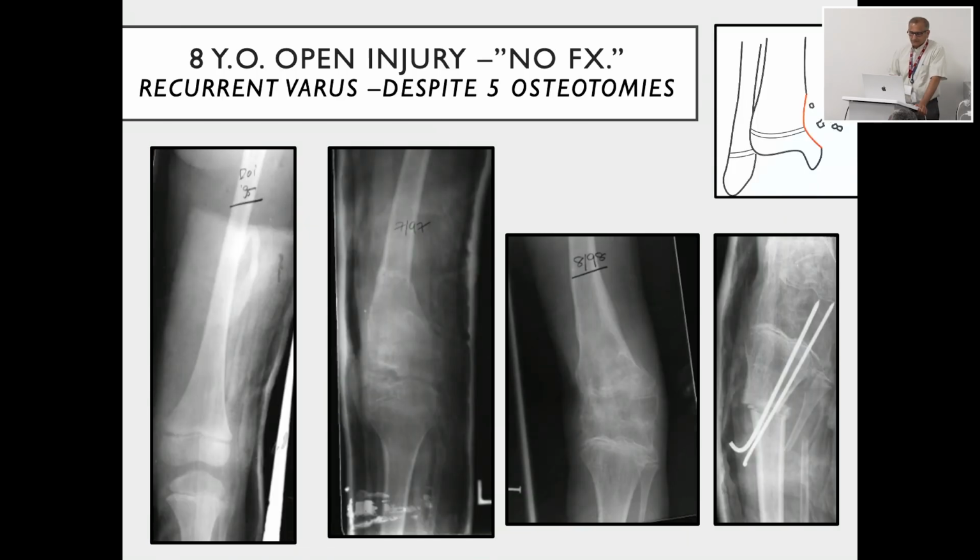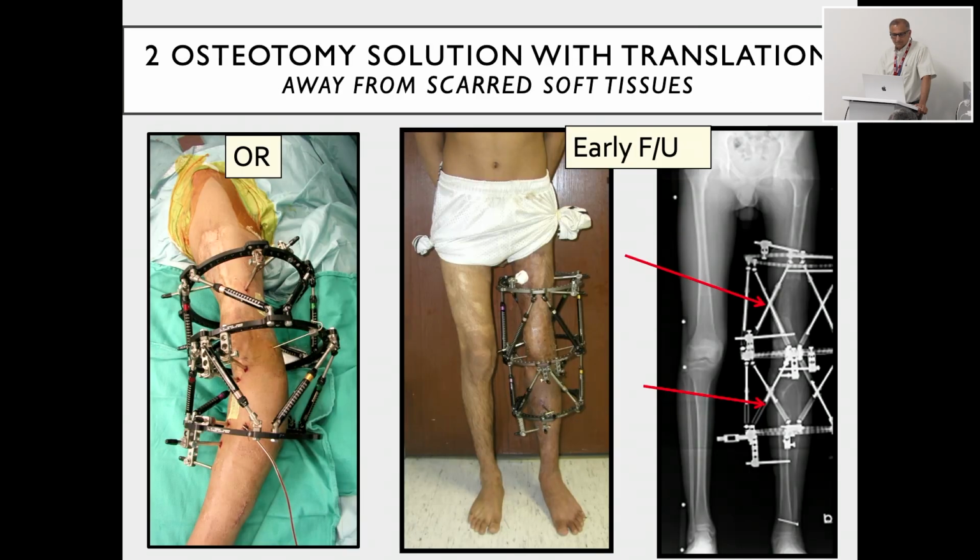The x-rays are fine. They kept doing all these osteotomies, but because it was a growth plate Rang type 6 injury, there was no broken bone. It was just that the perichondrium had been injured and degloved related to a road rash.